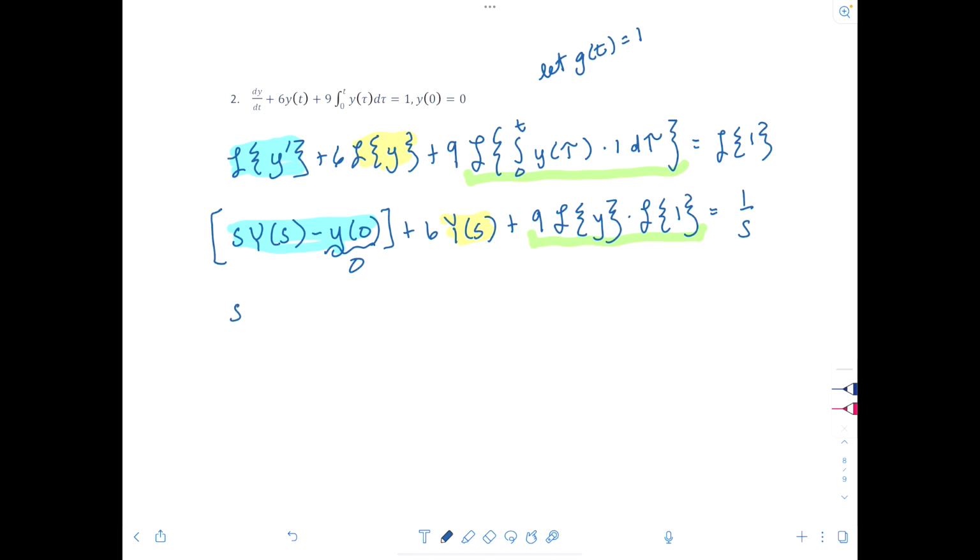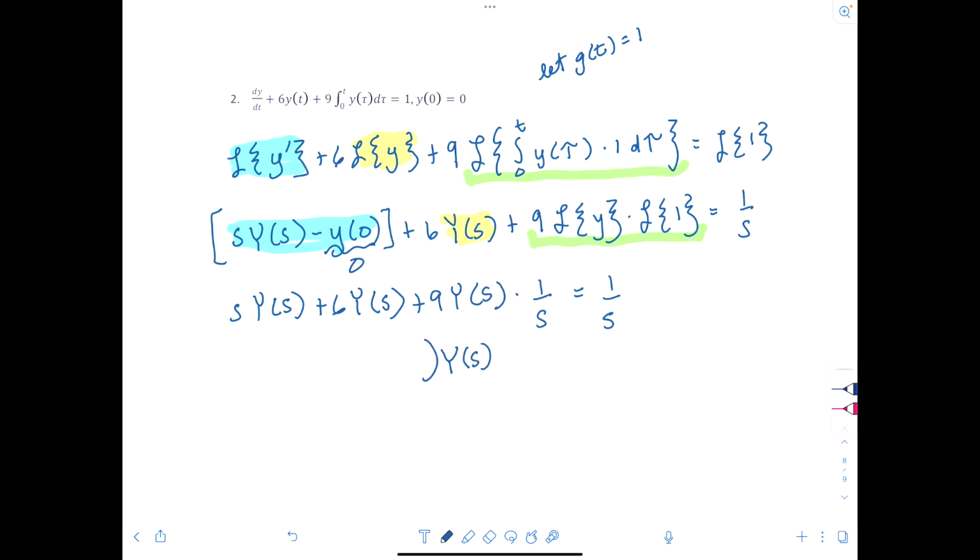Remember that y(0) is 0. So we will have s times Y(s) plus 6 times Y(s) plus 9 times Y(s) times 1 over s equals 1 over s. Factoring out a Y(s) to the right, we'll have (s plus 6 plus 9 over s) times Y(s) is equal to 1 over s.